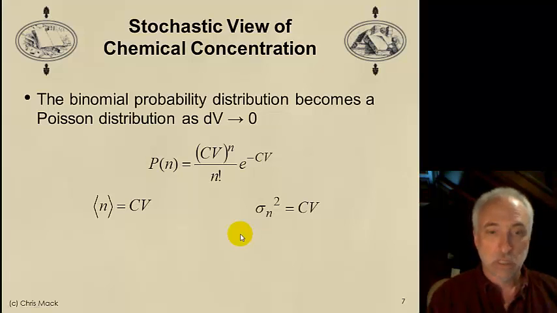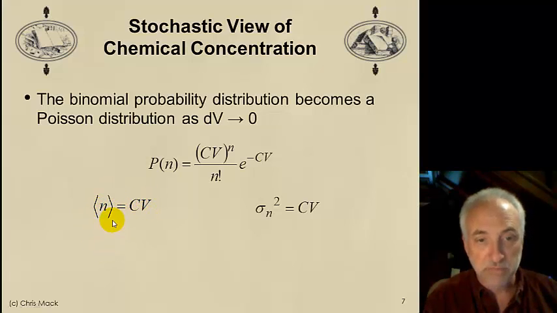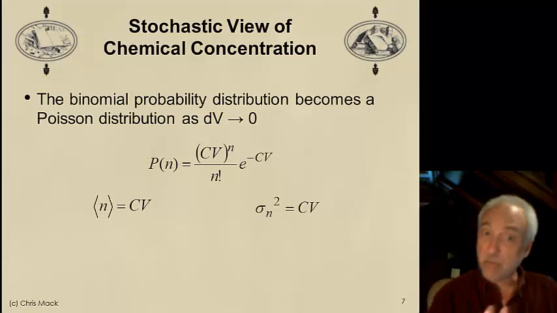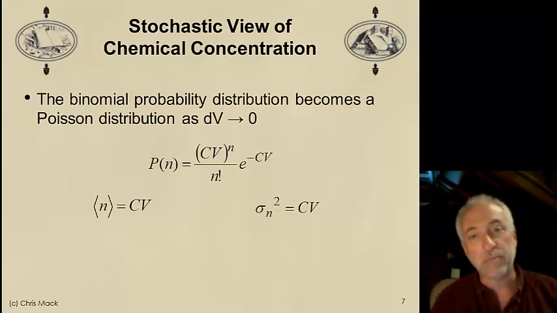So we use these triangular brackets to signify the mean value. So that's what this terminology means. The mean value of n is C times V, so C is simply the mean value of n divided by volume, which is almost definitional. So it's a truism. So that worked out just fine. The mean value is exactly what we expected it to be.